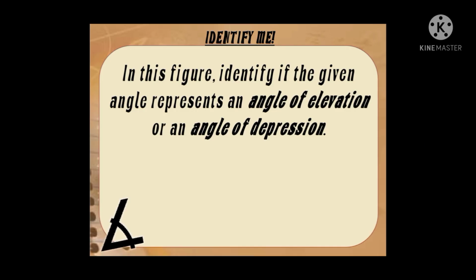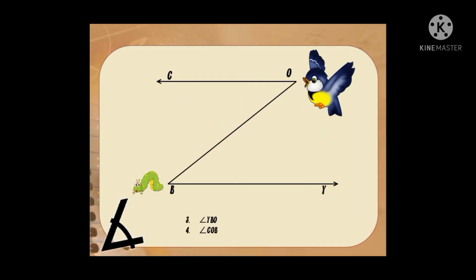For the next figure, identify if the given angle represents an angle of elevation or an angle of depression. Number 3, angle YBO, and number 4, angle COB. Your time starts now.